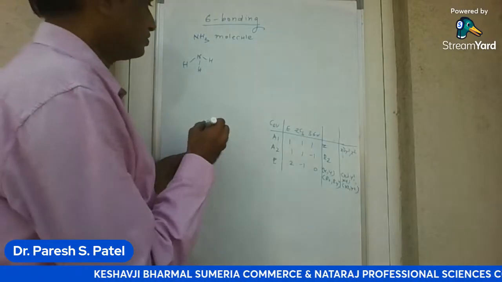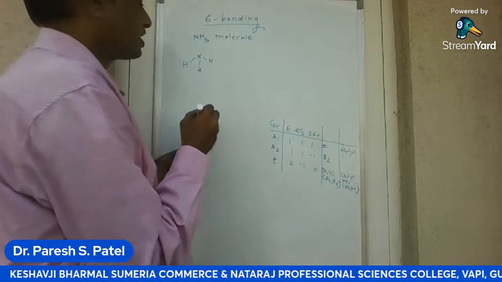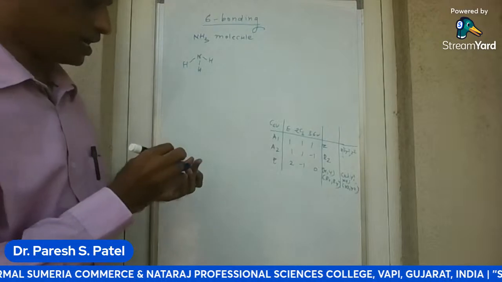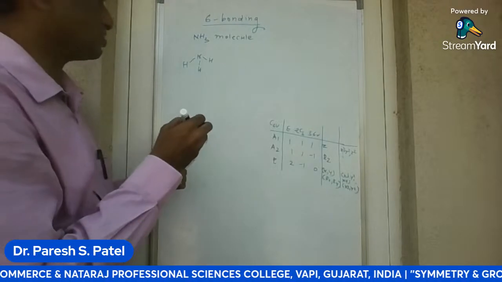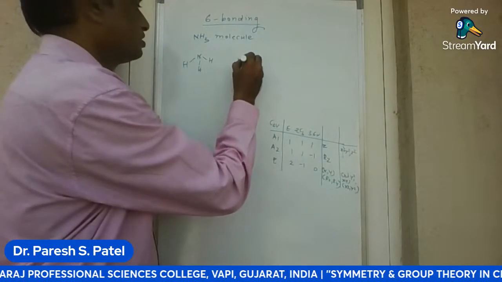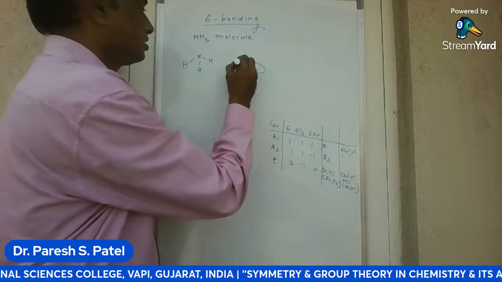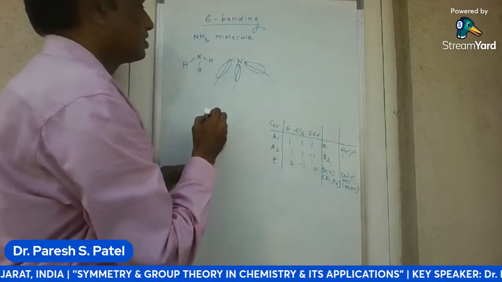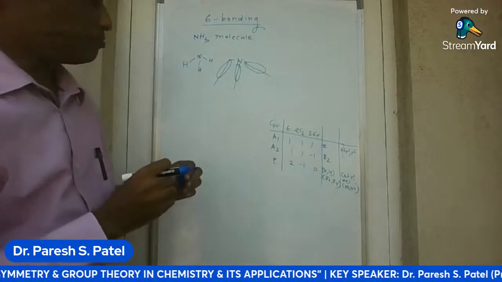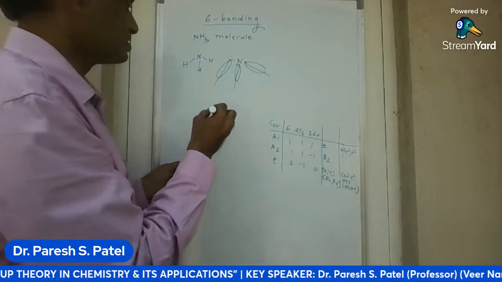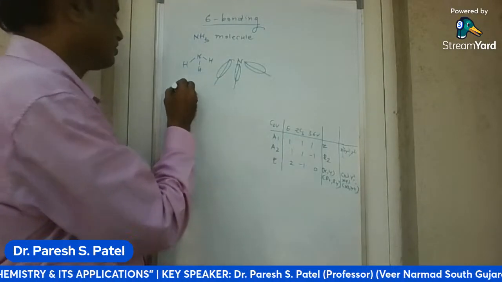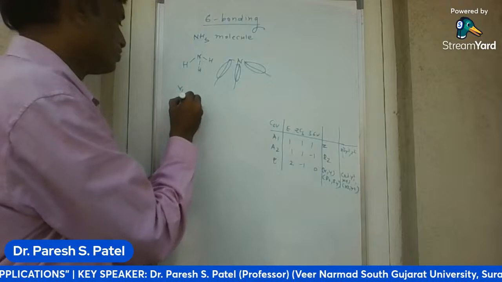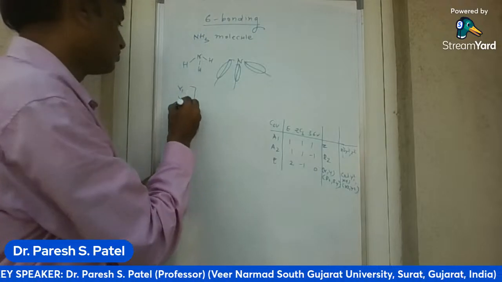So first of all, we can consider three hybrid orbitals in the form of vectors at nitrogen. We know that ammonia is pyramidal. We can consider three vectors v1, v2, and v3.